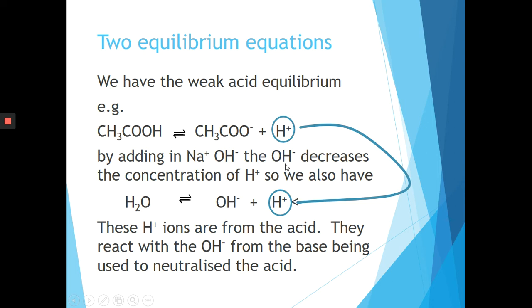It's going to react with it, and form a water molecule. We will eventually get to the stage that all the ethanoic acid is split down into ions. This will mean that there will no longer be any ethanoic acid molecules left. It means that the substance will be neutralized.